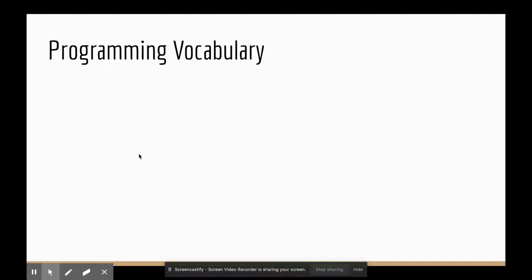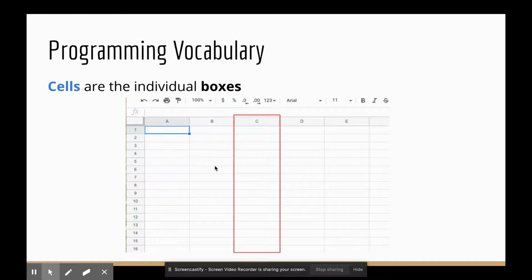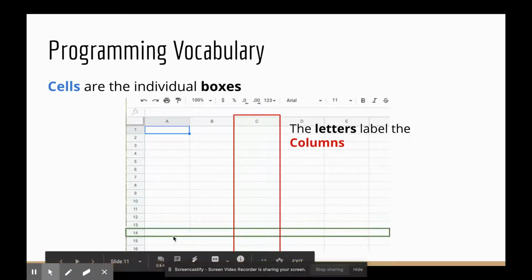So a couple programming vocabulary words for you: this little box is called a cell. Whenever we're talking about cells, it refers to the individual boxes. This is called a column, and the columns are labeled by the letters. And then a line of this is called a row, and the numbers label the rows.